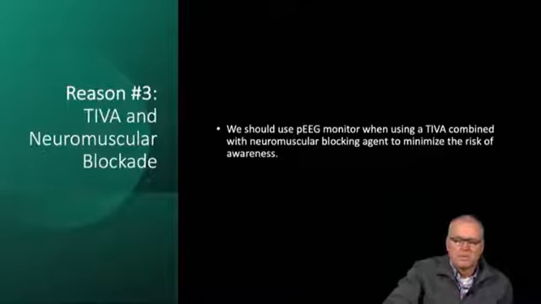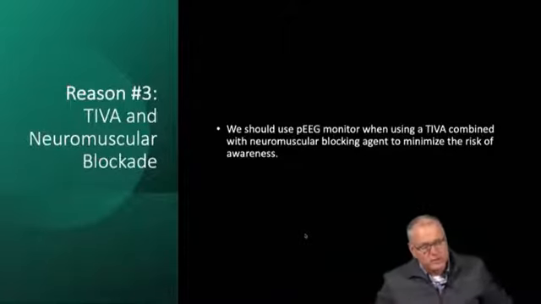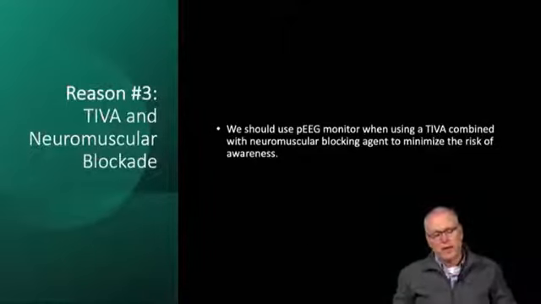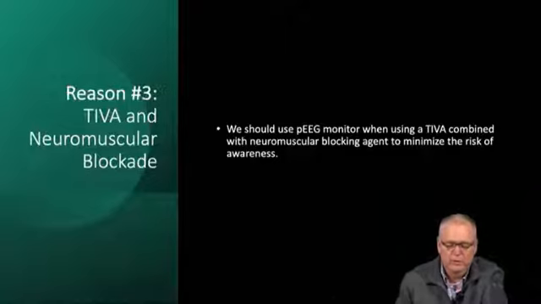So I think the bottom line is we should use processed EEG monitoring when using TIVA combined with a neuromuscular blocking agent to minimize the risk of awareness. Without a neuromuscular blocking agent, it's a lot better because the patient will probably move before they have awareness, so that will trigger a response from you.